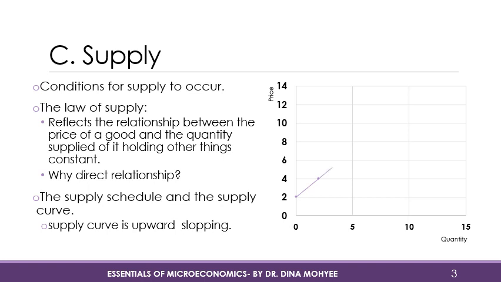If the price increases further to $6, the producer is willing to offer 4 units of the good. As the price increases further to $8, now he's willing to offer 6 units of the good. Finally, if the price increases to $10, the producer will be willing to supply 8 units of the good.